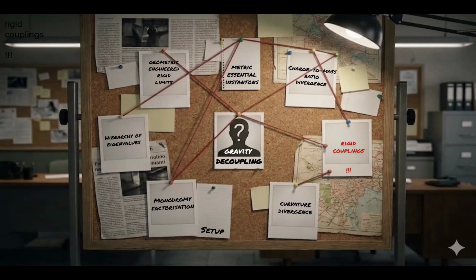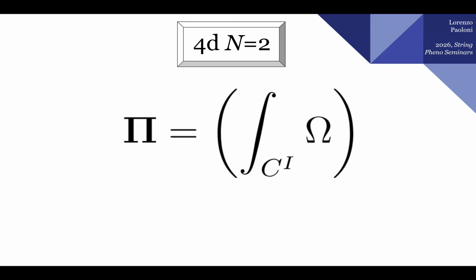And to introduce it, I have to introduce something that we cannot see explicitly in the action, but that nevertheless determines any of its parts. I'm talking about the period vector. There is a feature, again, that is common in all four-dimensional N equal to 2 supersymmetric theories, being these supergravity theories or super Yang-Mills theories.